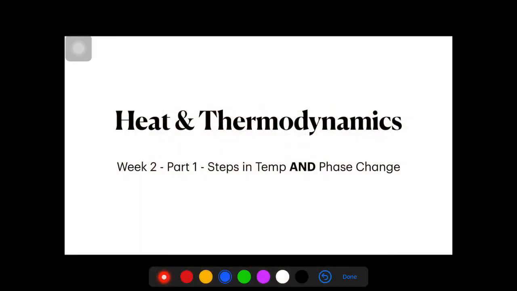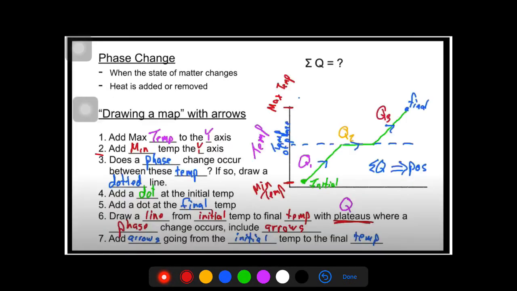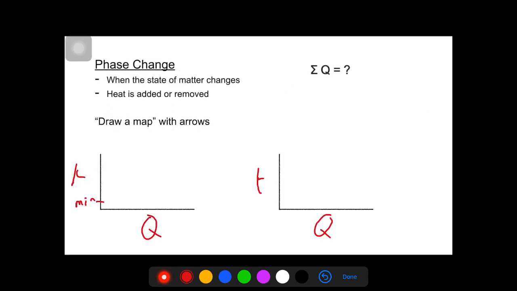I'm calling this steps in temperature and phase change, and the reason I'm calling it steps is we're going to look at each individual step along the way. So just a quick review, when we draw these maps, we put our temps and Q's, or heat, on the X and Y axes, and we put our minimum temp and our maximum.